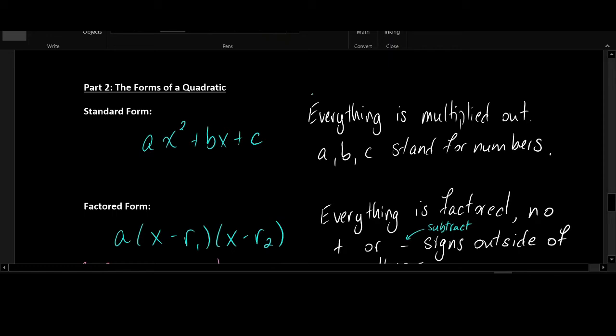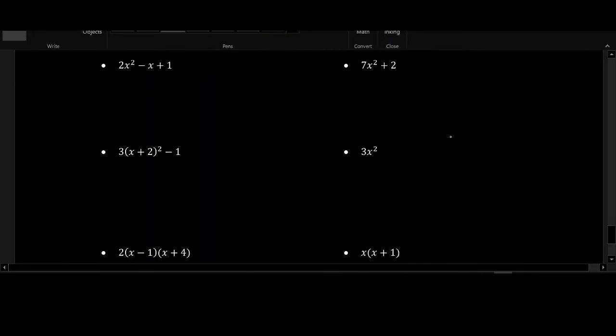In standard form expressions, everything is multiplied out. So this first expression is in standard form, because everything is multiplied out.